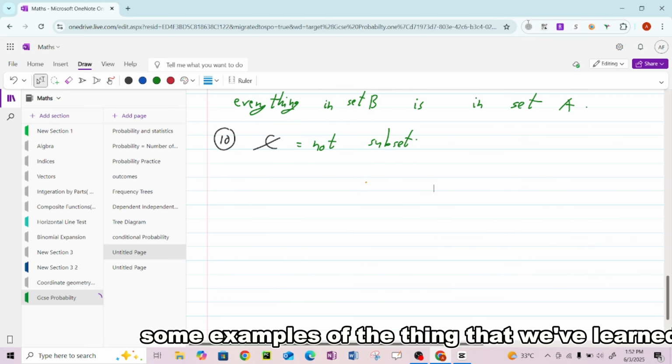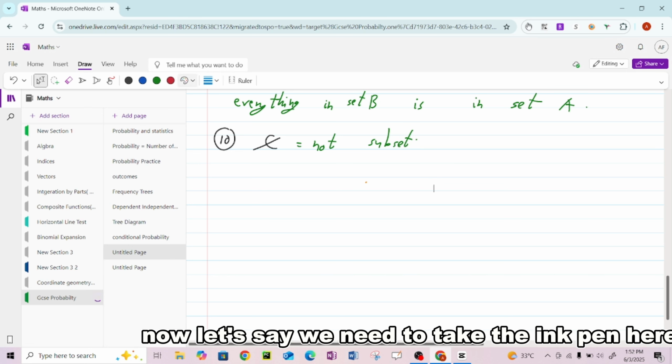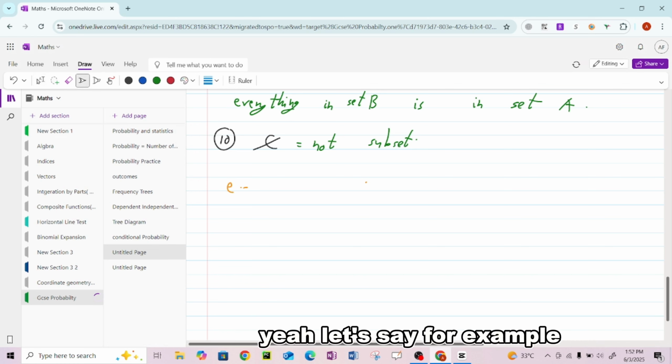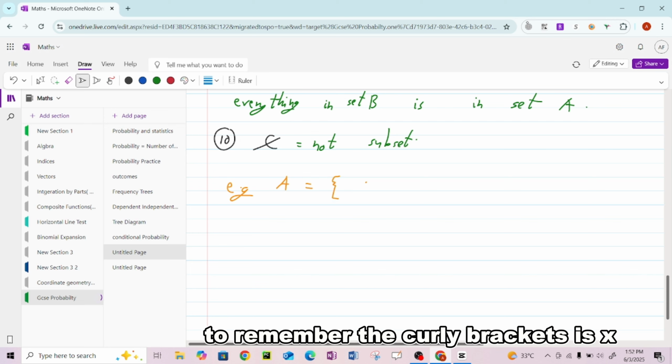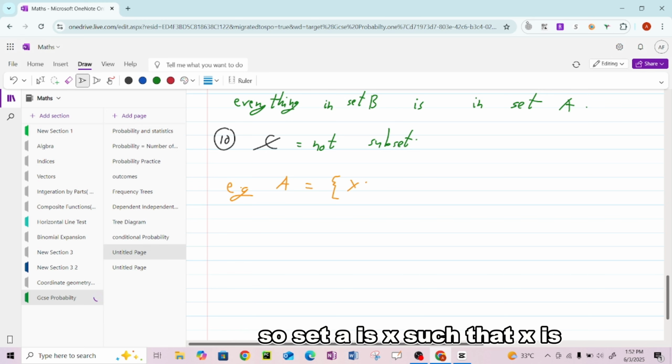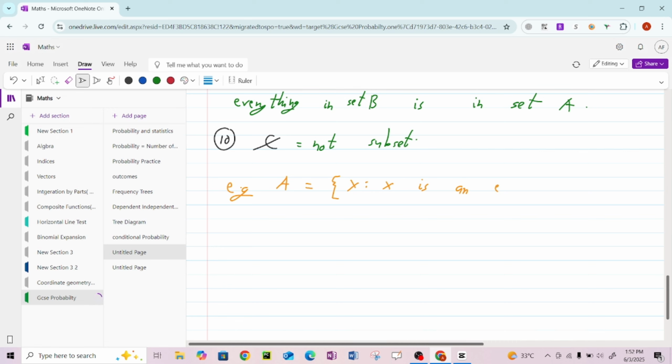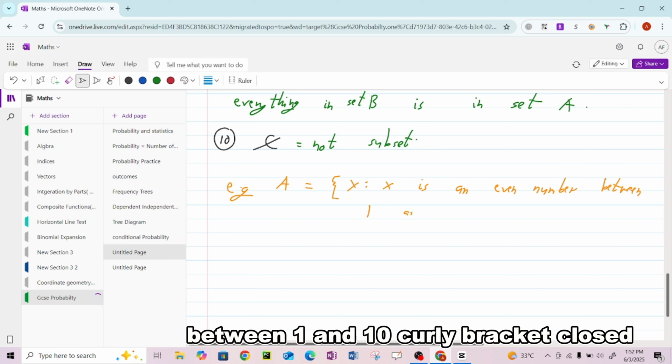Now let's see some examples of the things that we've learned. Let's say, if you take the ink pen here, we have the set A equals, remember the curly brackets, X such that X is an even number between 1 and 10, curly bracket closed.